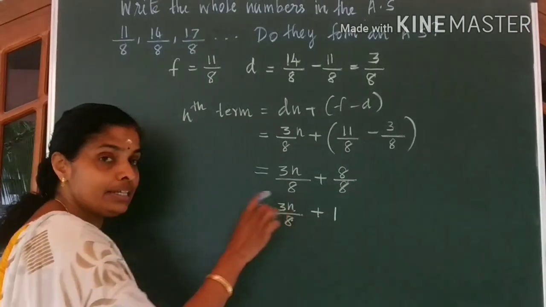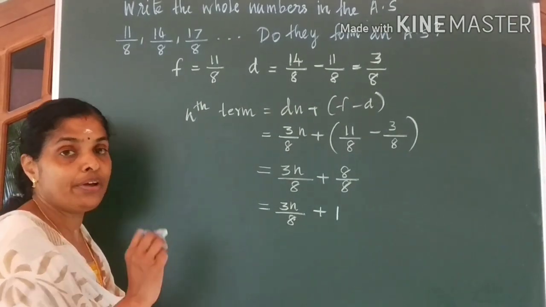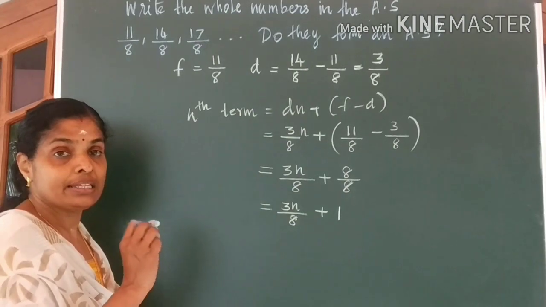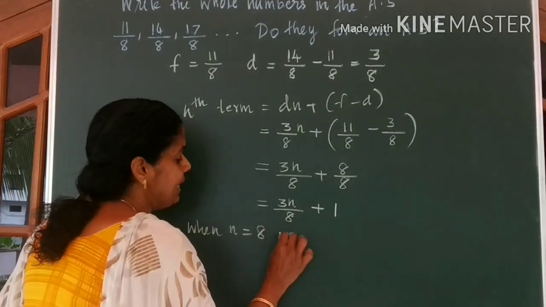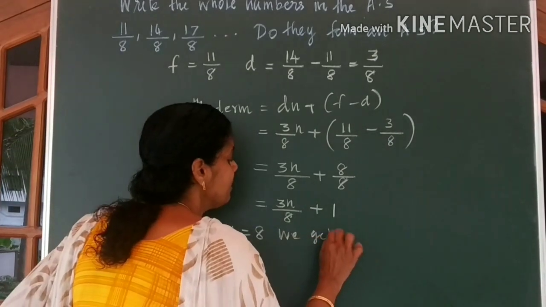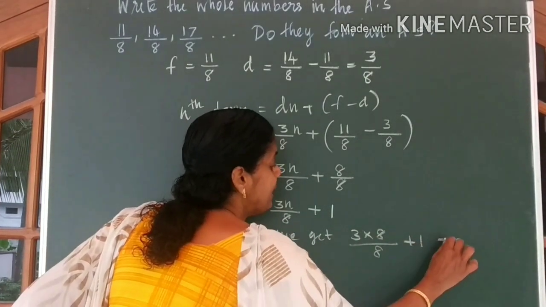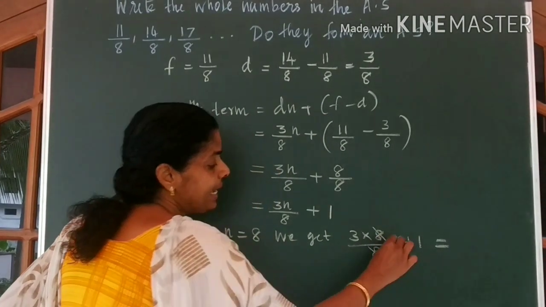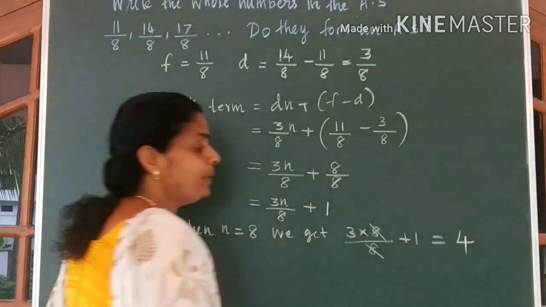When n takes the value 8, 16, 24, etc., you get the whole numbers. When n is equal to 8, we get 3 into 8 by 8 plus 1. So 8 and 8 cancels. You get 3 plus 1 is equal to 4.